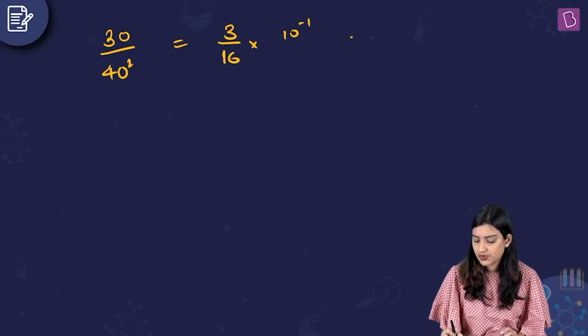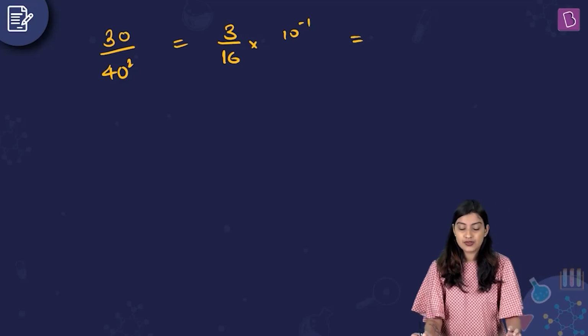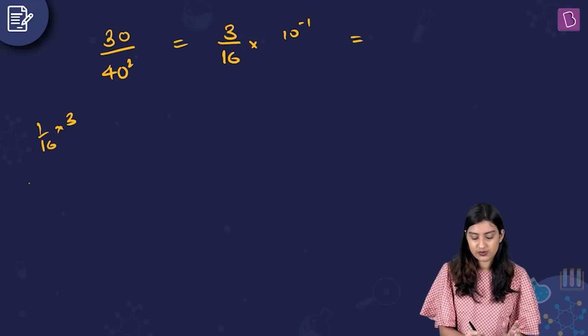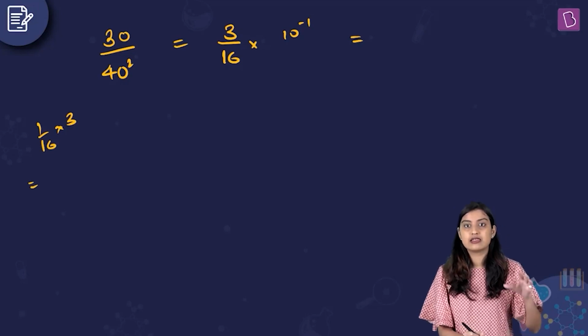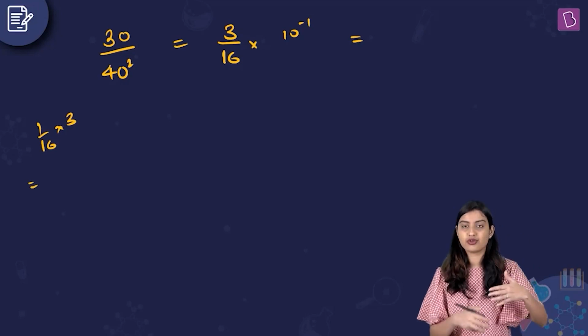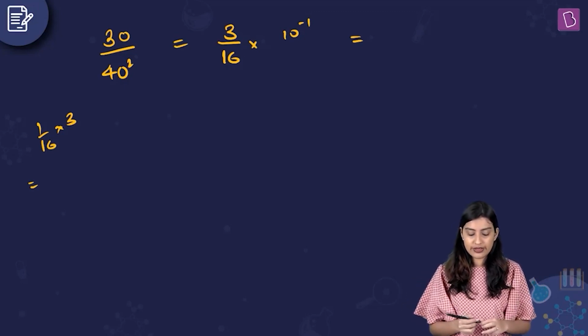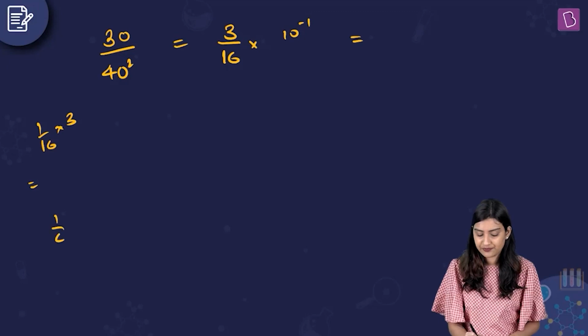Okay, so what is going to be the value of 3 by 16? You can write it as 1 by 16 into 3. So what is 1 by 16? If you're not able to come to the value directly and don't want to calculate, what you can do is, see, 1 by 4 is 0.25.